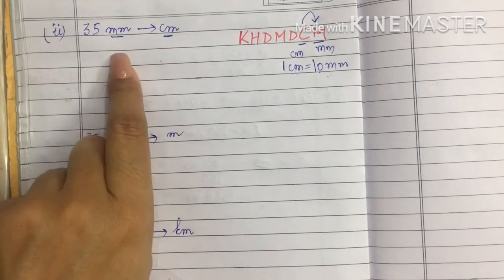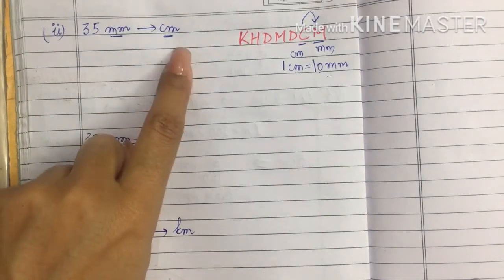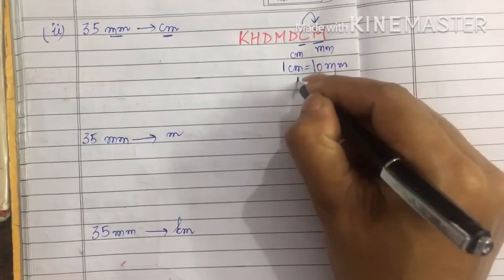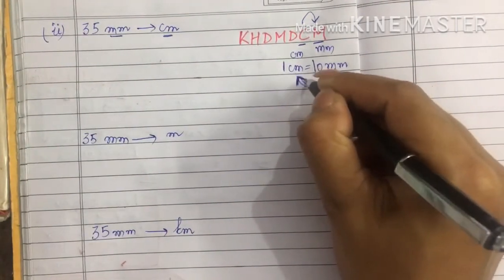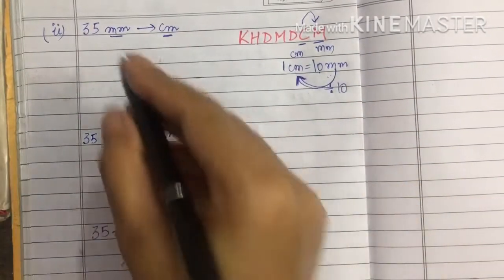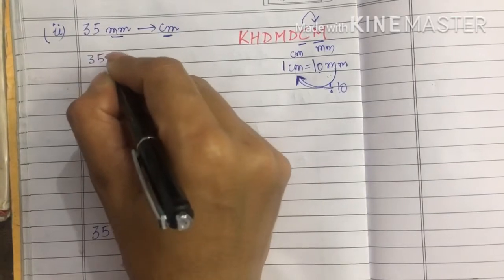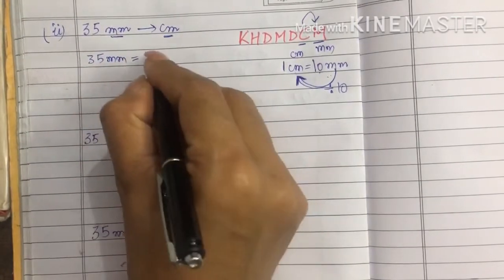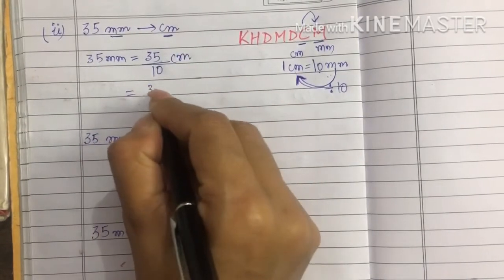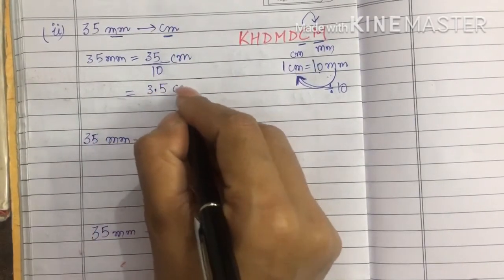So smaller units are given. Answer is required in bigger units. So I divide by 10. I'm changing to centimeters, so I'll be dividing by 10. And the division will be shown by writing as a fraction. So 35 mm will be equal to 35 by 10 cm. So this is 3.5 cm.